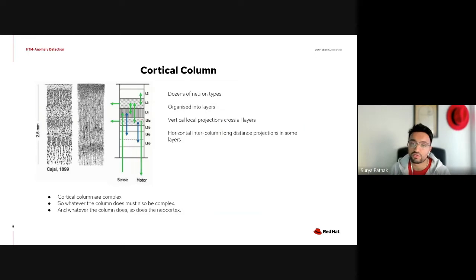And these neurons are connected both horizontally and vertically, so information can be transferred in any way. It is a very complex thing. So whatever the column does must also be complex, and whatever the column does, so does the neocortex. That means each cortical column has very complex characteristics, which means the neocortex has a complex algorithm.